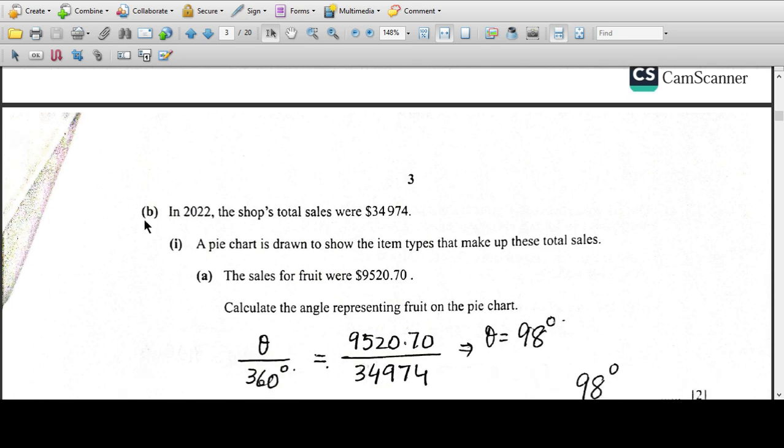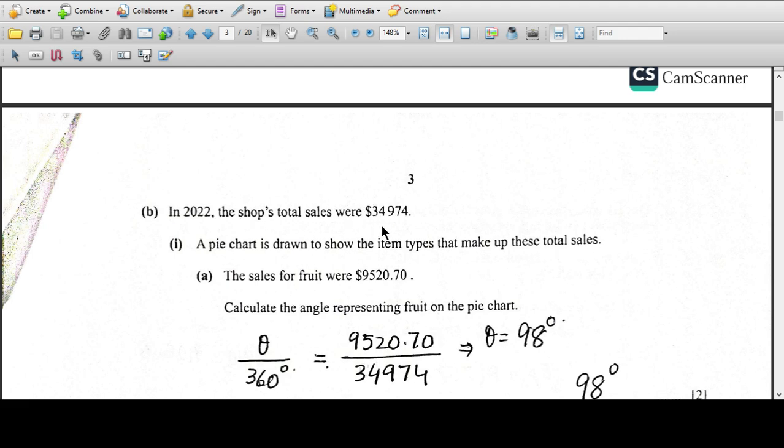Now in part B, in 2022 the shop's total sales were $34,974 in annual sales. A pie chart is drawn to show the item types that make up these total sales.